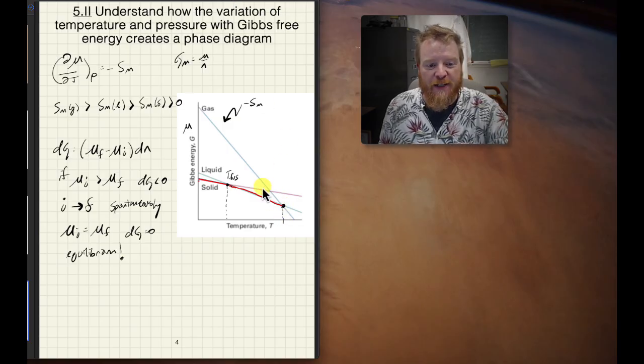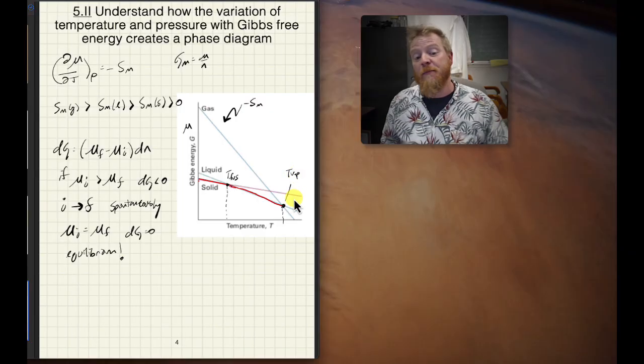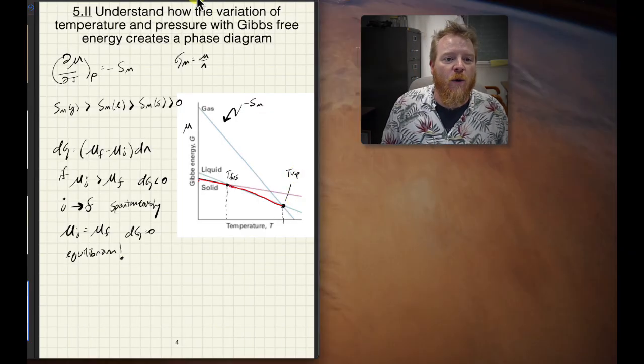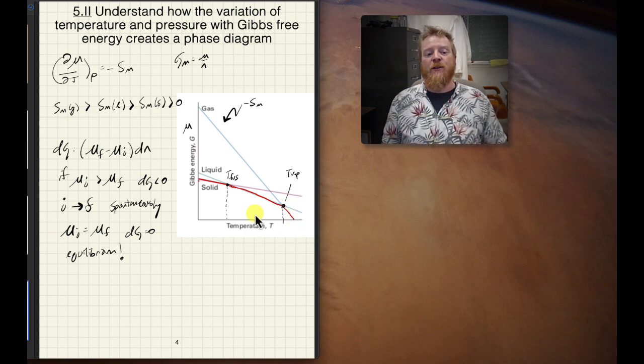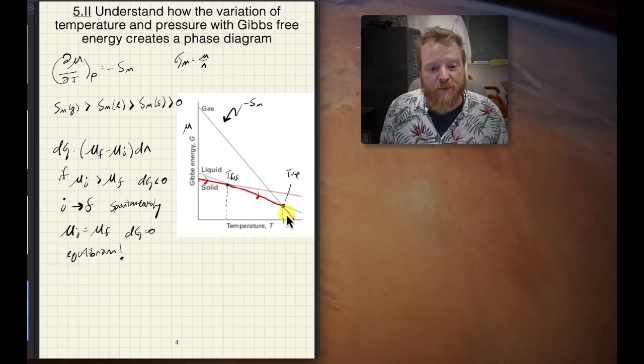And we can see that's an intersection of the liquid and the gas. So that is what we call T vap or T boiling. And so once we've gotten past that point now, our gas has the lowest chemical potential, so it is the phase that will be observed, right?